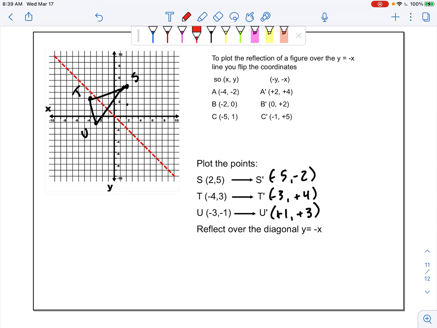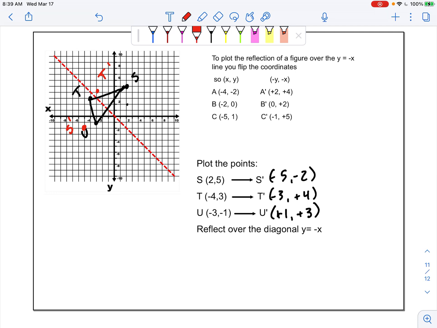So let's go ahead and plot those. So I'm going to go negative 5, negative 2. So 1, 2, 3, 4, 5, 1, 2. Here's my S prime. And then T is negative 3, positive 4. So 1, 2, 3, 1, 2, 3, 4. So here's my T prime.